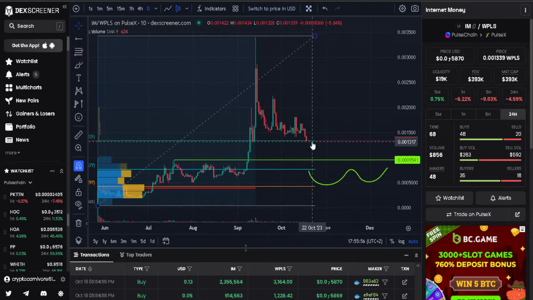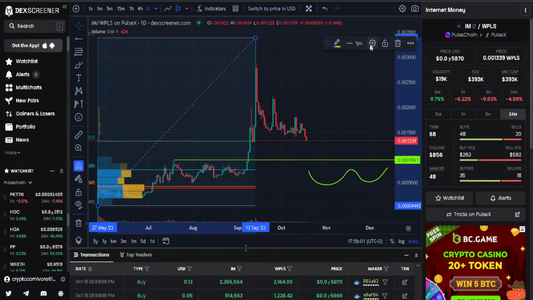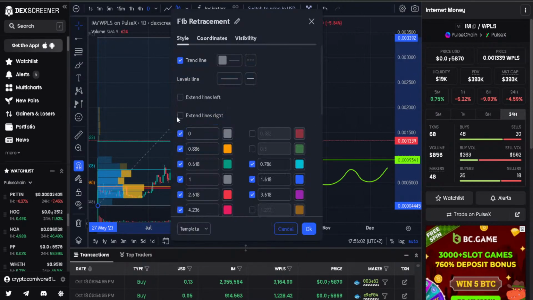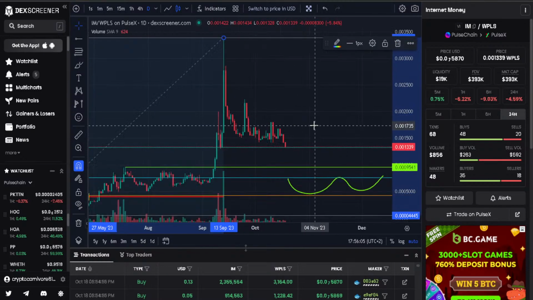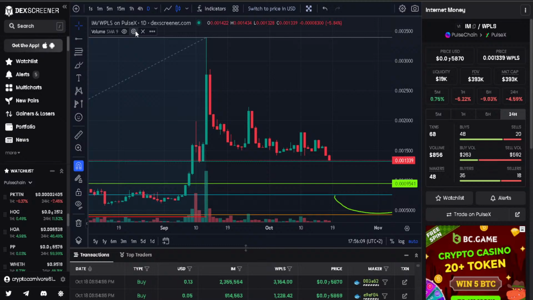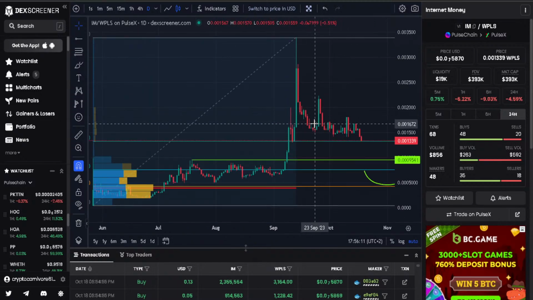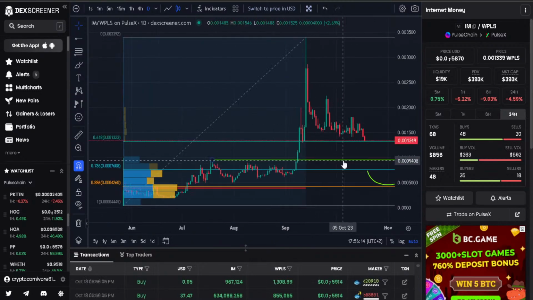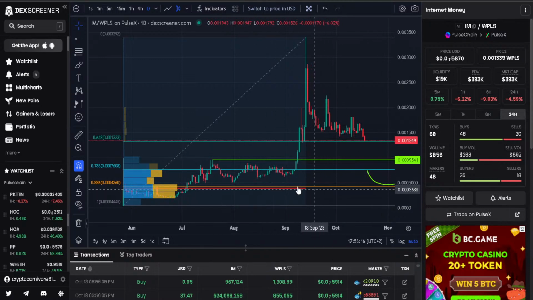If she's going to catch a falling knife by getting some now, just put it more accurately and extend the lines, right? It's bouncing off the 61.8. Oh, it hasn't touched just yet. So it's starting to get in where you should be interested, right? But it does look like it can go a lot lower.